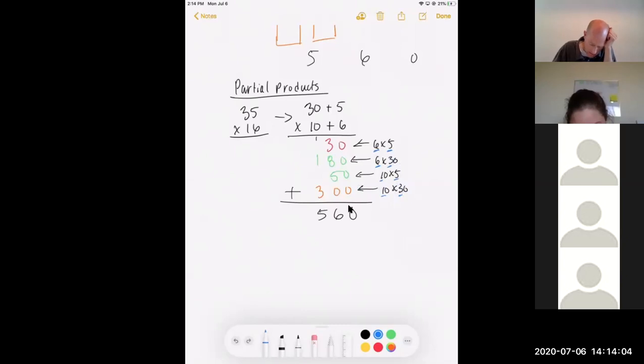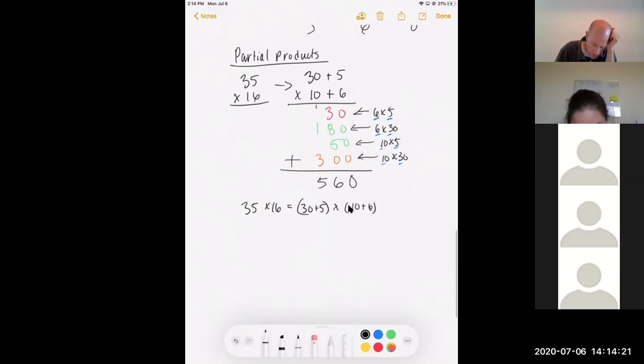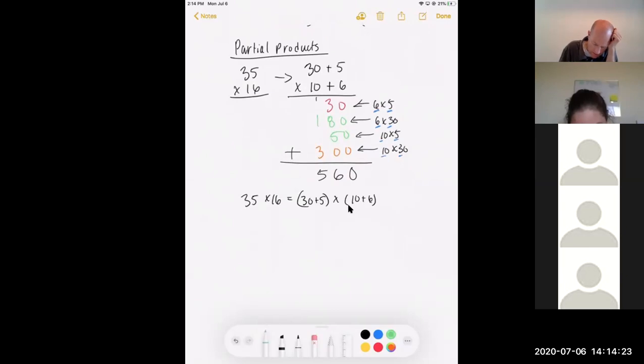So here's the math equation that shows that this is possible. For the partial products, we broke 35 down into 30 plus 5, and for 16, we broke it down into 10 plus 6. What I'm going to do is use the distributive property, and take this whole thing here and distribute it to the 10 and the 6.